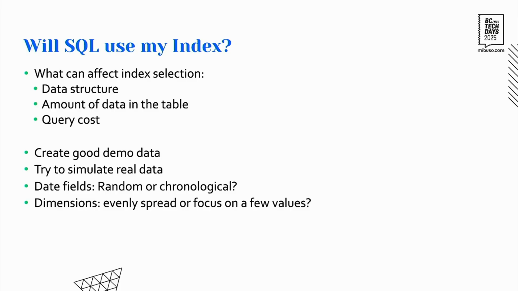If you're heavy on certain values, you want to simulate that as well. Try to really simulate the real data as well as possible, or even take real data and just multiply it. Then for date fields, are they random, or is it like a posting date, chronologically increasing over time? You want to really simulate that, right?